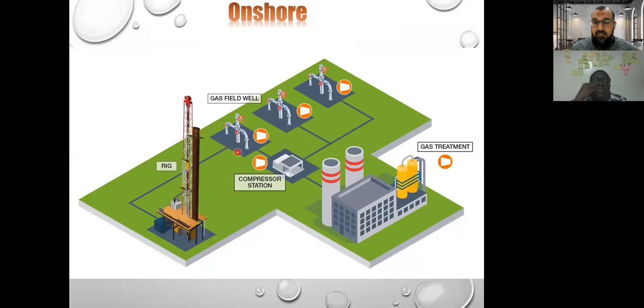Then the gases, after the separation, go to the gas compressor. This gas compressor output is then transported to the gas turbine, for example, or gas treatment. So this gas treatment is the last destination for the gas after separation from oil.